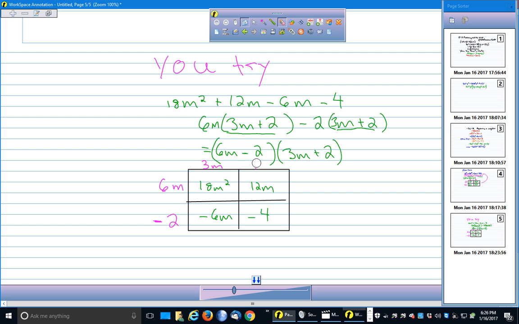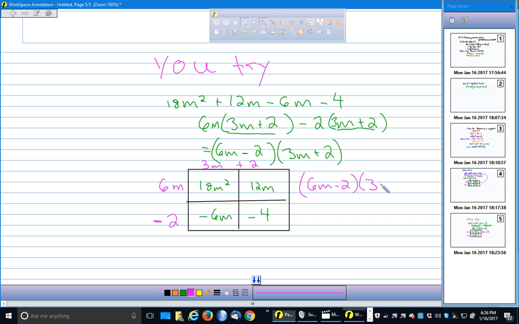Even Mr. Leader. That's the first math mistake I've ever made. That should be a 2, right? So this should be a 2, not a 4. So 2 times 6 gives you 12m, and 2 times negative 2 gives you negative 4. And then here are my two factors, which I can write as 6m minus 2 times 3m plus 2.